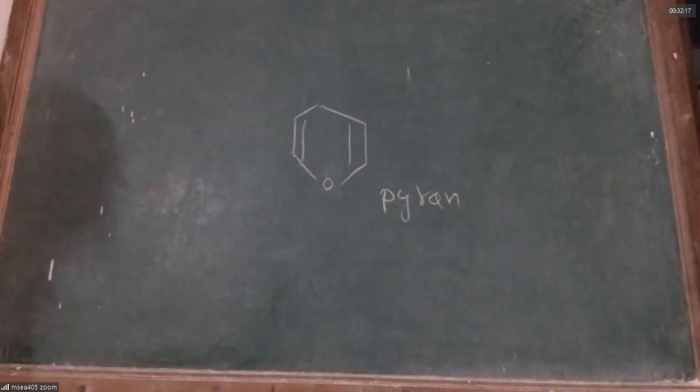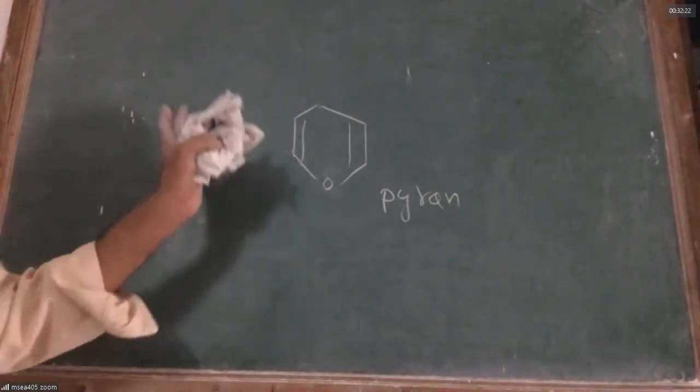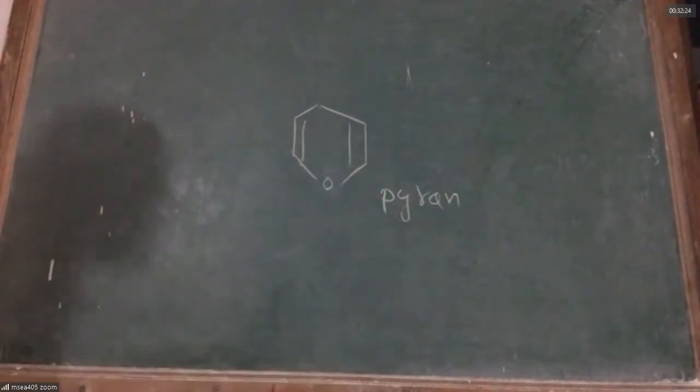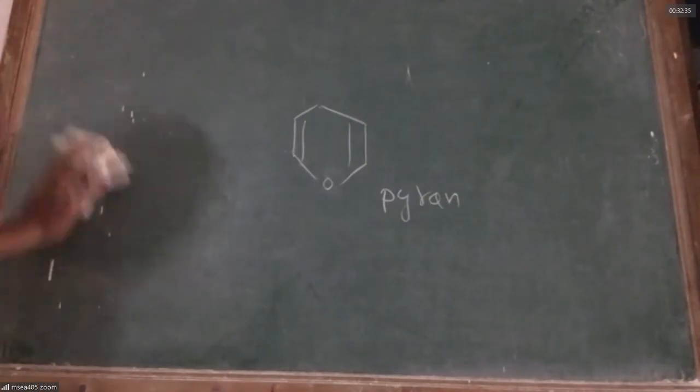The ring structure of glucose is sometimes called pyranose ring structure because the structure of glucose resembles the pyran. Pyranose, ose means sugar. Any name ending with ose is sugar. Glucose, fructose, maltose, lactose, pyranose. Anyway, we will not deviate much.